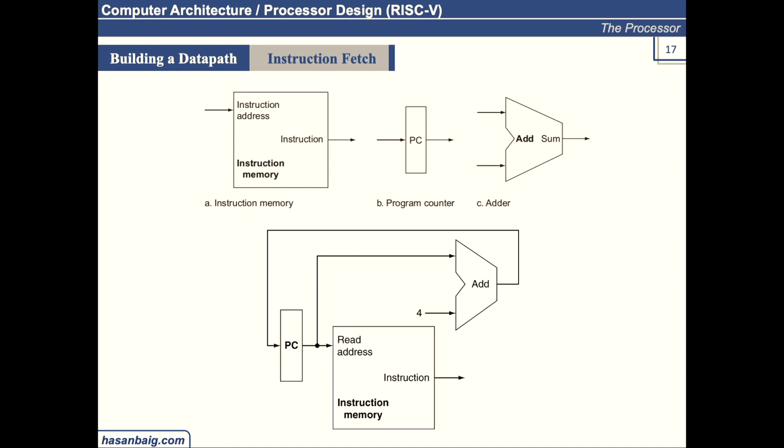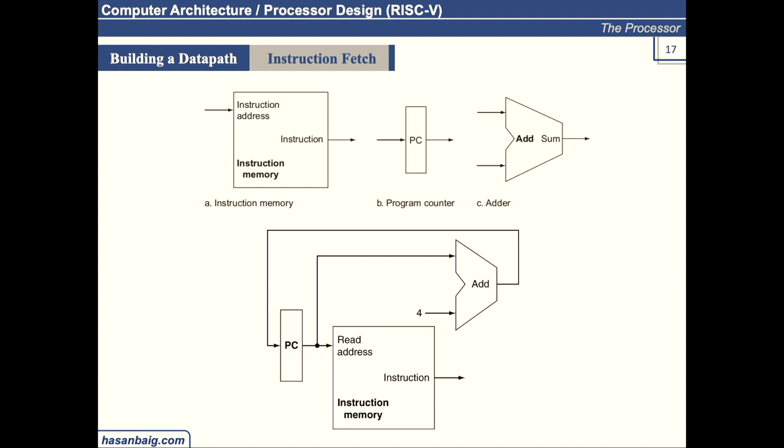But once this address is provided, we have to calculate the address of the next instruction. The address of the next instruction is calculated like this: the current address plus 4. Why 4? Because we assume that every instruction is 4 bytes wide.